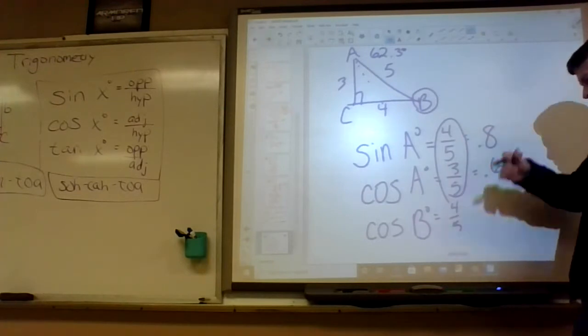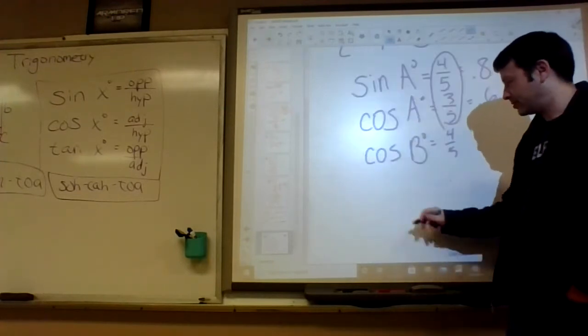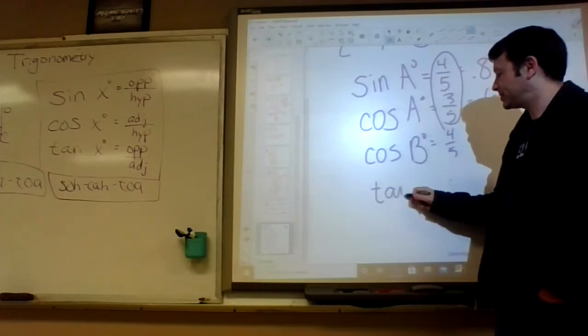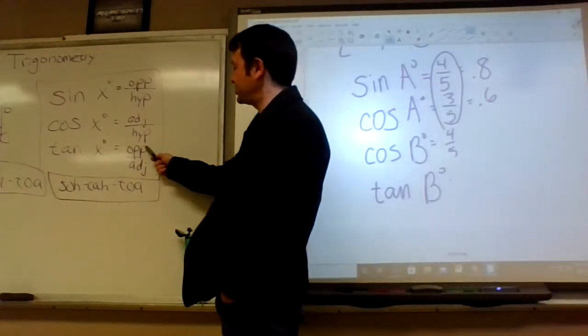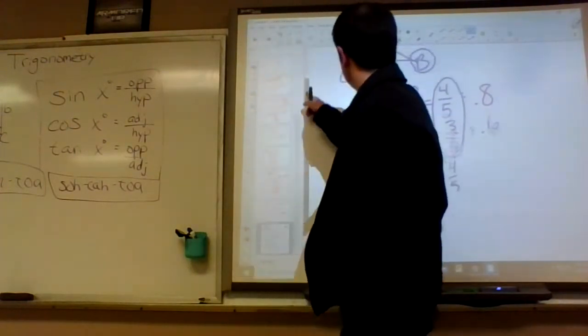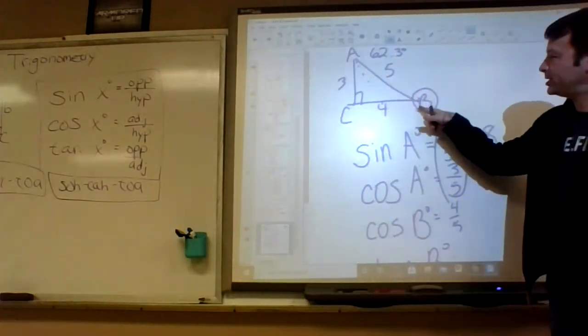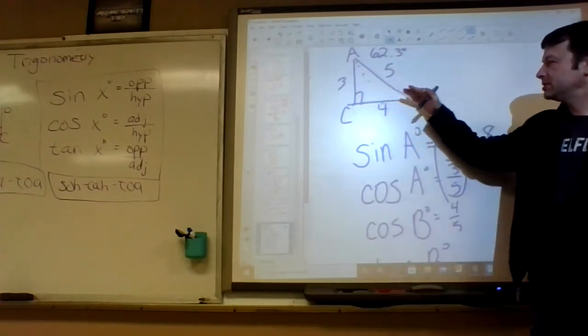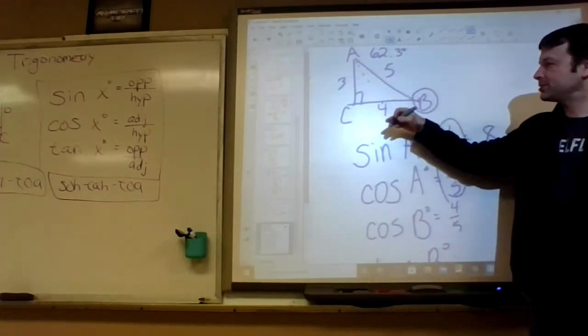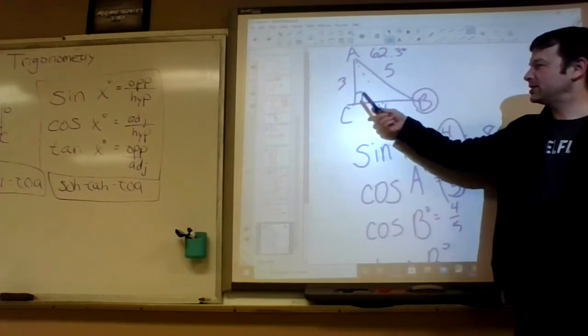I think we better do a tangent before we get going here. How about tangent of B? Tangent is opposite over adjacent. Relative to angle B, what's the opposite side? 3. Remember, go all the way across. And what's the adjacent side?